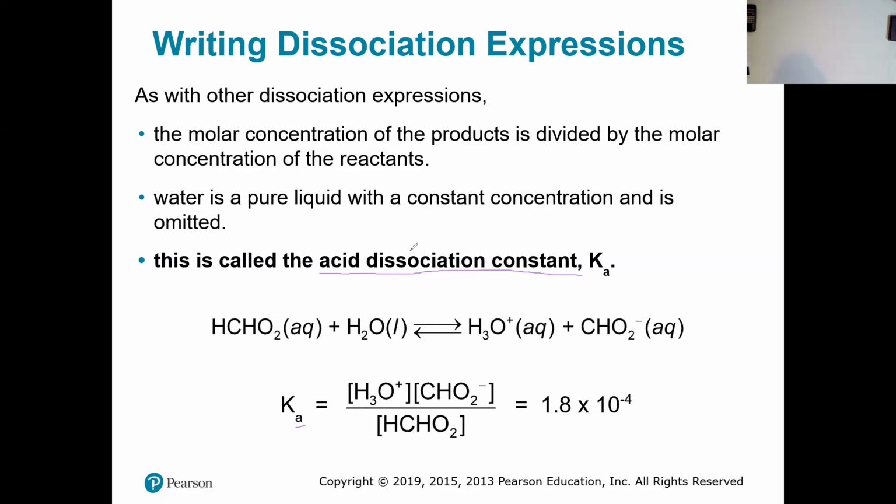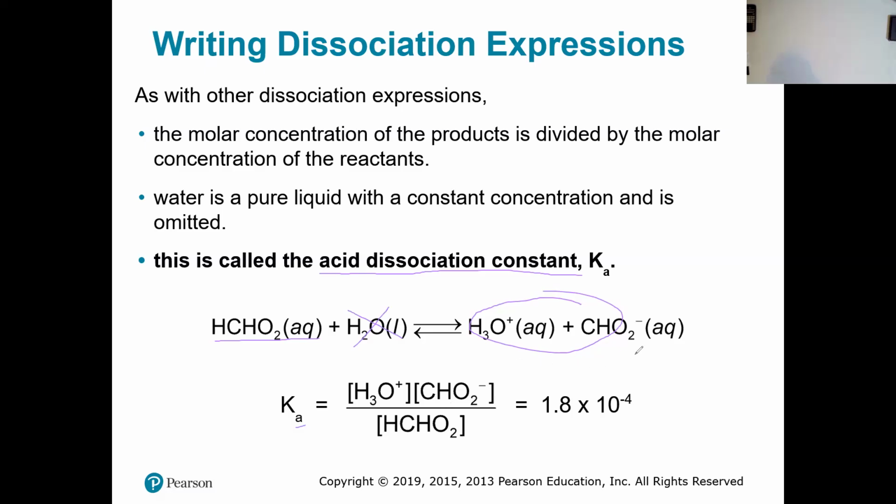Just like with our other K values, it's going to be our products divided by our reactants raised to the coefficients. And just like in our other equilibrium constants, we're not going to include our pure liquid in this reaction.